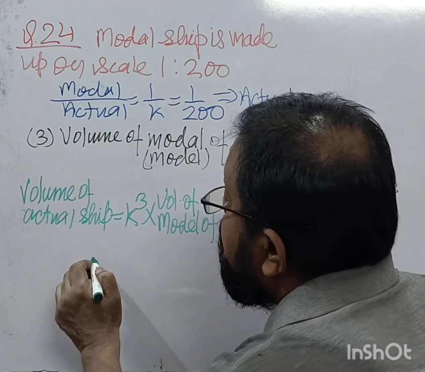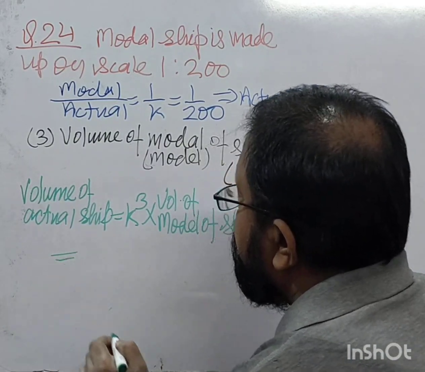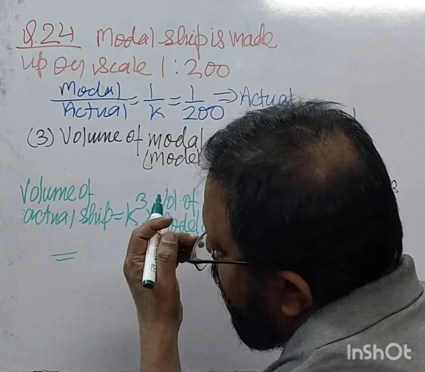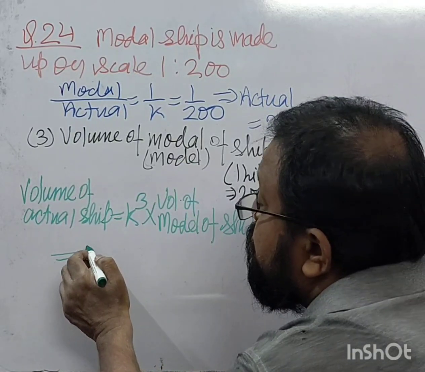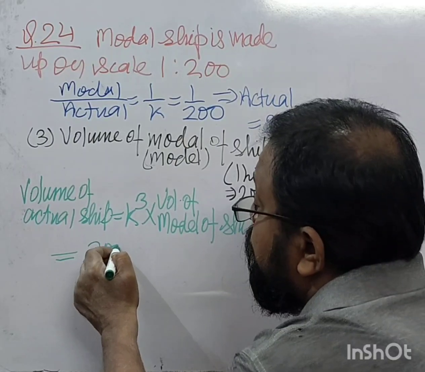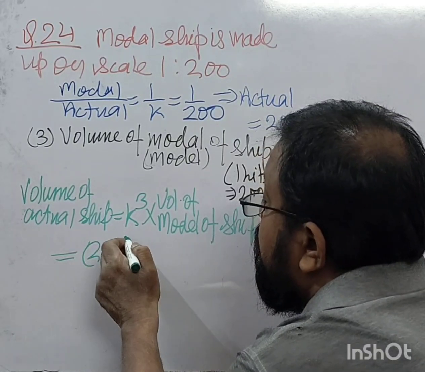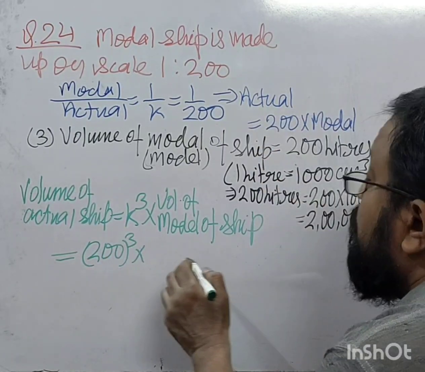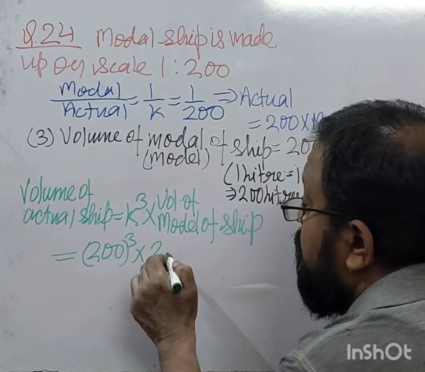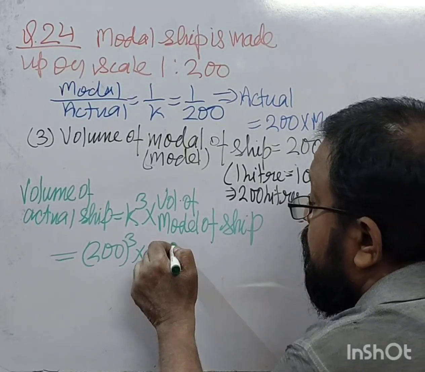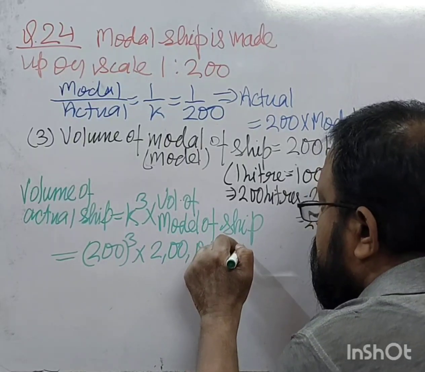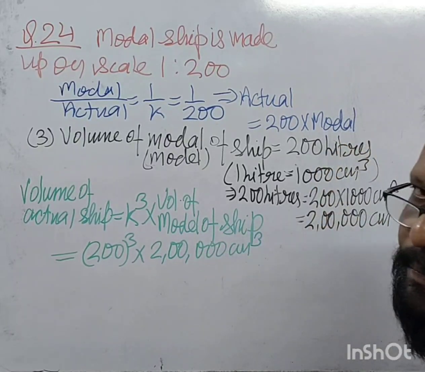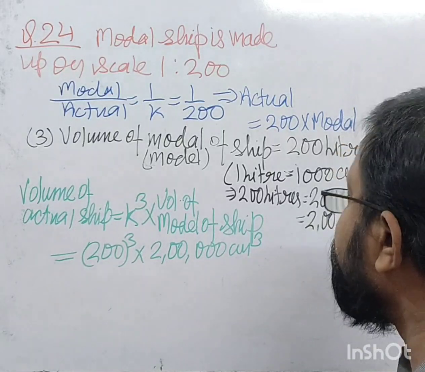So it becomes how much? The volume of actual ship is equal to k cube, means 200 cube into 2 lakh centimeter cube, right?